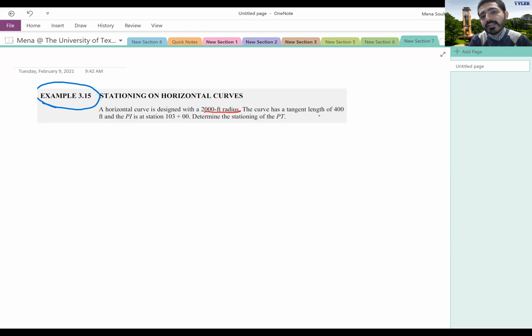The curve has a tangent of 400 feet, and the PI at station 103+00. Determine the stationing of the PT. So this is the analysis problem.